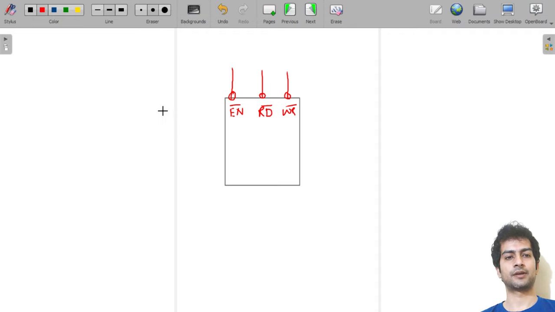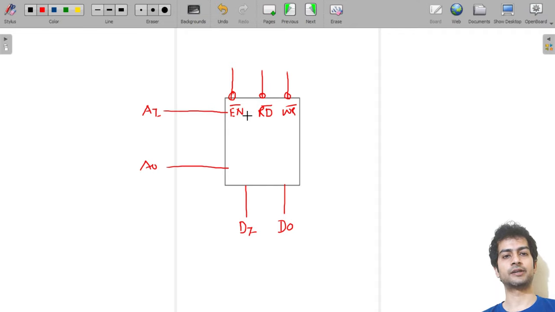Here we will have A7 to A0, our low order address lines, and here we will denote our data lines.